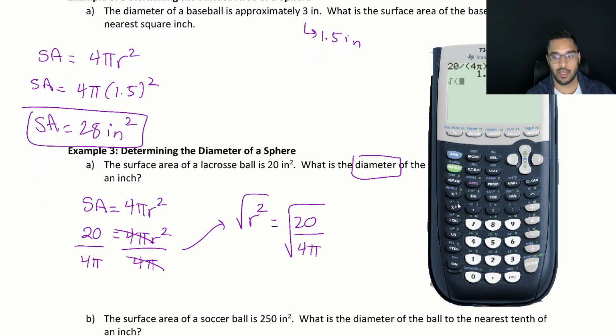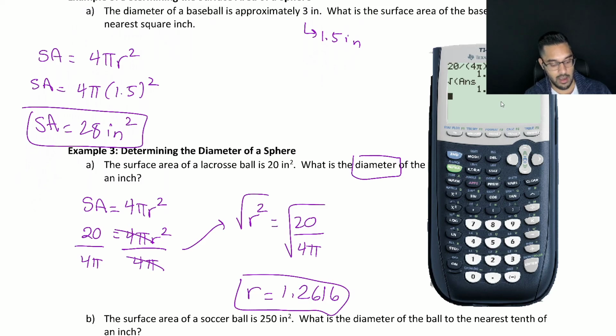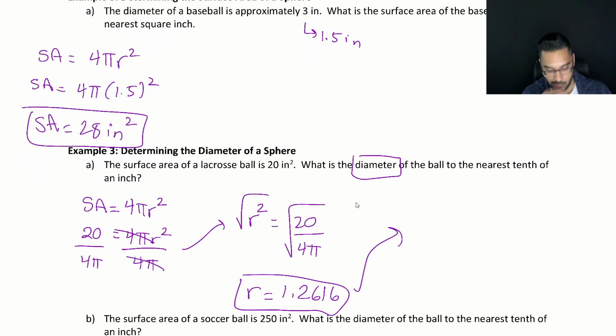I need to square root that number. So take the square root of that answer. 1.26. 1.2616. Just a couple decimal places because I know I don't want radius. I want diameter. And again, diameter is equal to 2 times the radius.